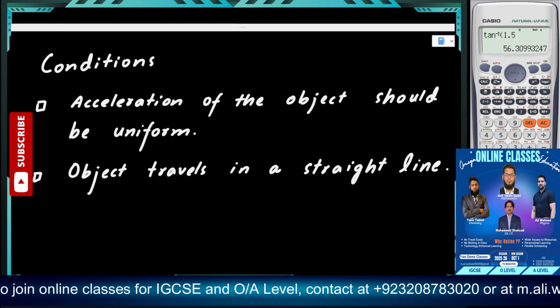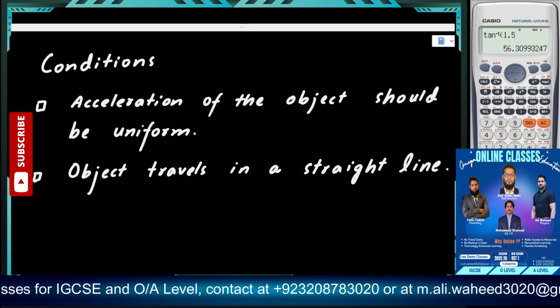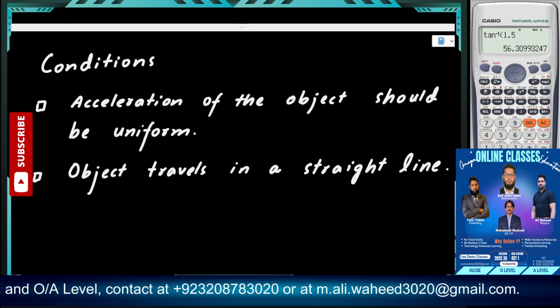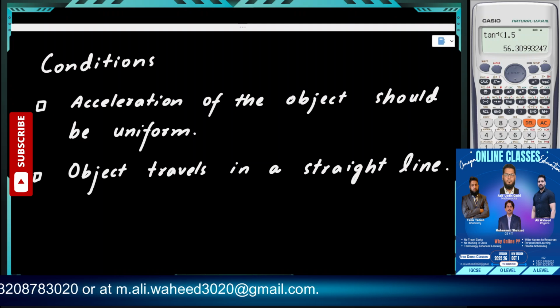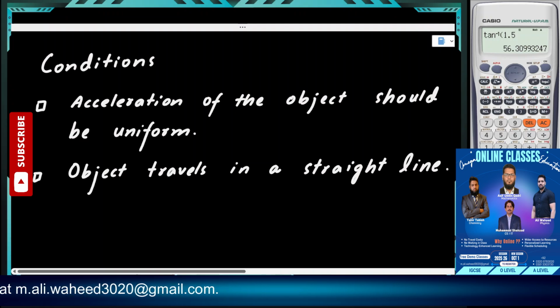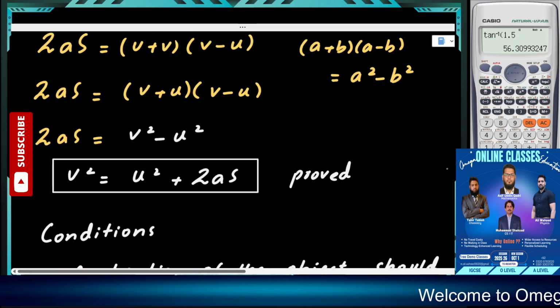So sometimes they ask you for the conditions as it is. So these are the two conditions which need to be fulfilled for the object for which you can apply the equations to calculate anything.